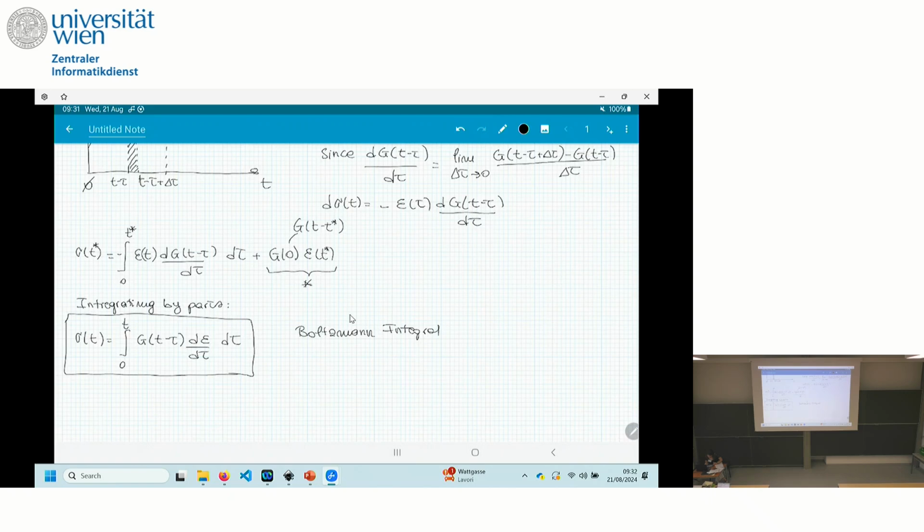I think you need a d tau in the numerator, and then when you rewrite it in the integral, you add the d tau above. So, change of variables.